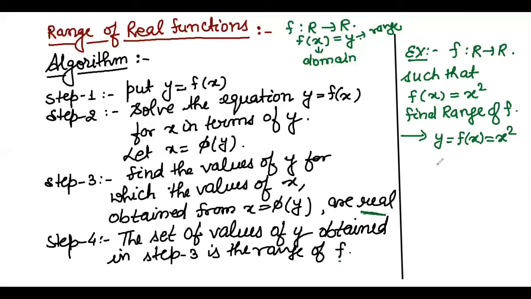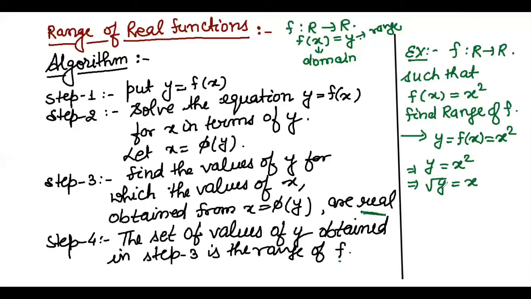So we can write y equals x square, so this is root y equals x. Here we have to write all values of y which will satisfy the given pattern, and that value of y will be the range value.